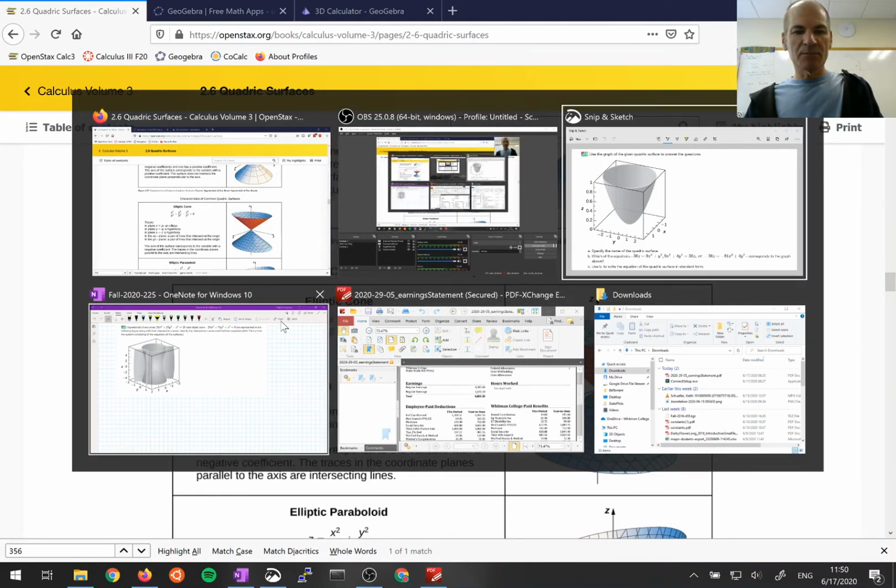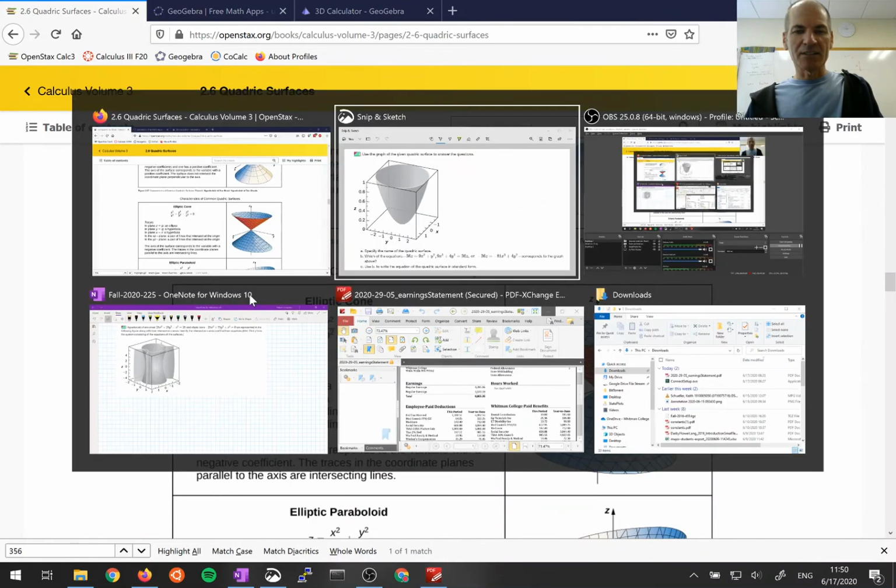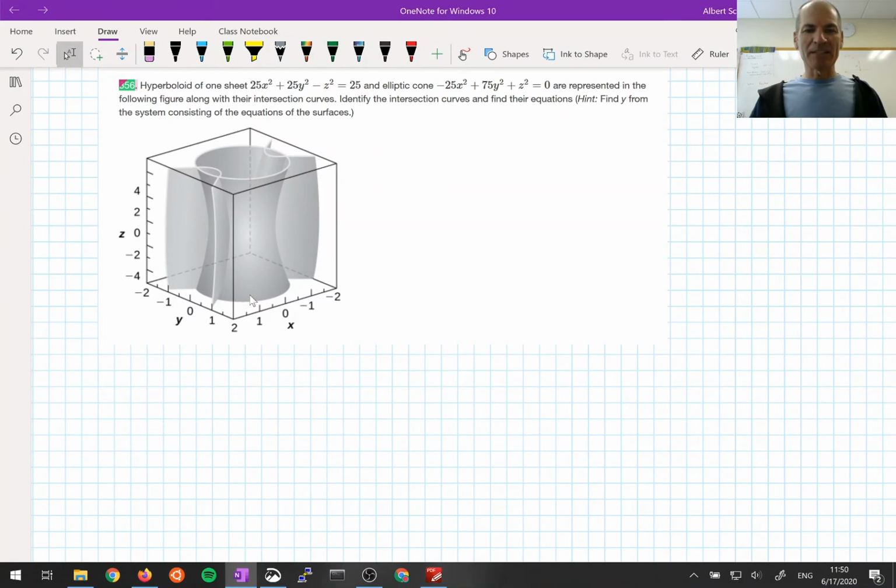This doesn't look maybe a whole lot like an elliptic cone. If we could rotate it around a little bit, we would see that these two sides come in and touch each other right here in the middle. And if we could extend this out a little bit, we would see much more of this elliptic lobe going off in this direction and this lobe going off in this direction. So just take my word for it that this is a correct representation.